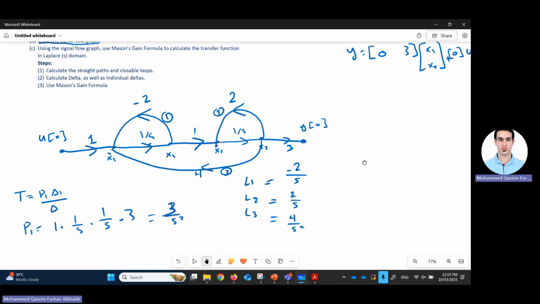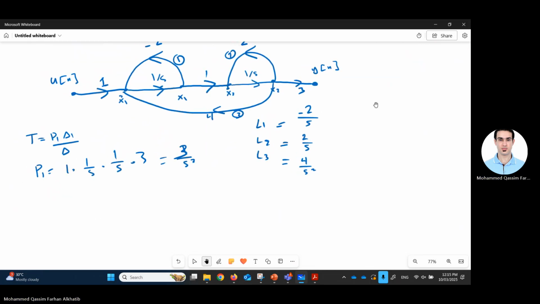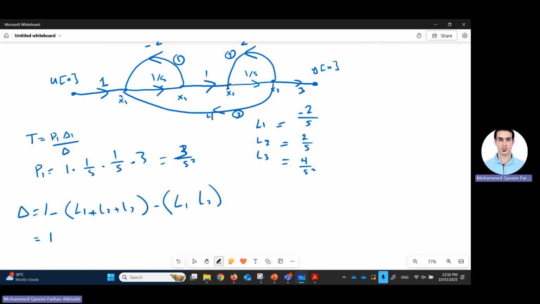All right, so let's find the big delta. 1 minus the summation of L1 plus L2 plus L3, plus the product of non-touching loops. So 1 and 3 they are touching, 2 and 3 they are touching, 1 and 2 are not touching. Let's do the math. 1 minus L1, negative 2 over S, plus 2 over S. Oh, interesting.